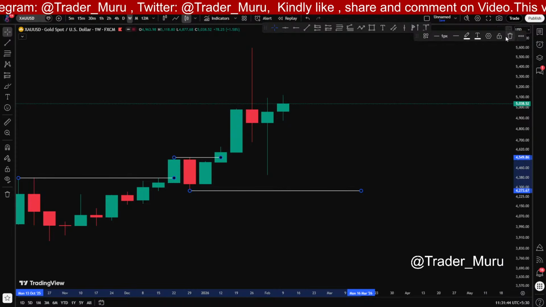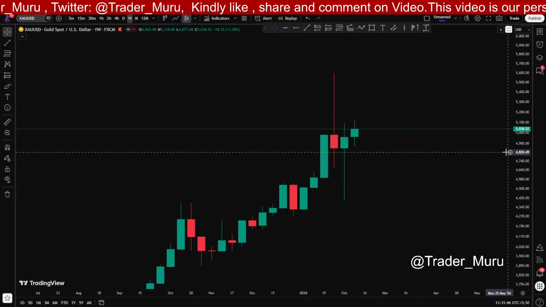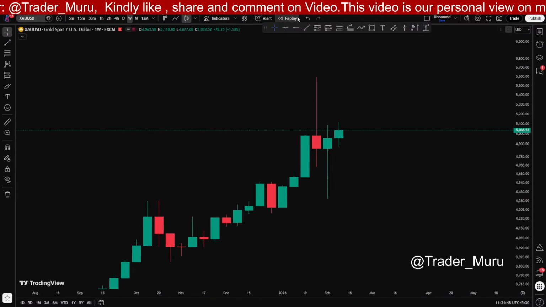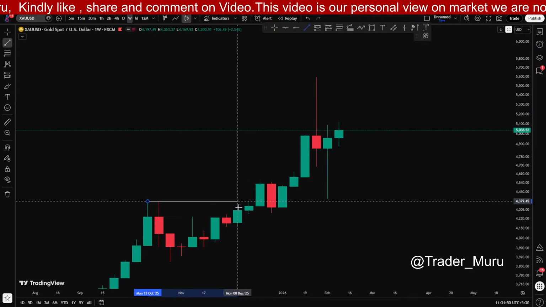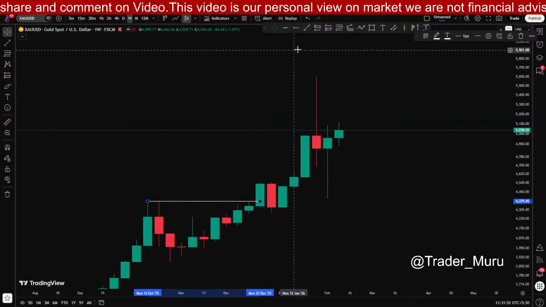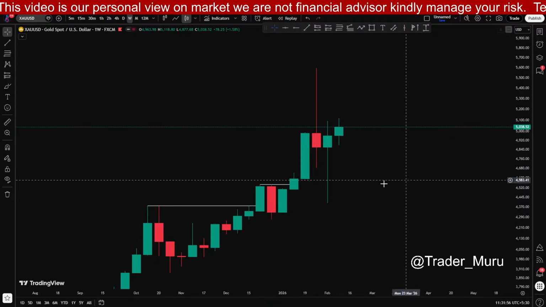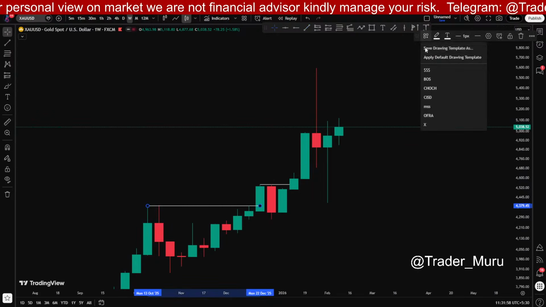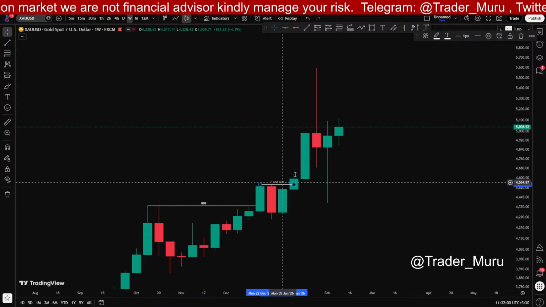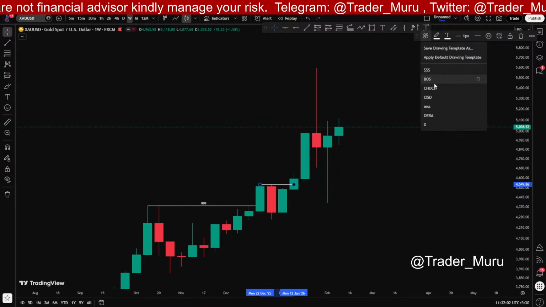So this is our weekly time frame. In the weekly time frame, we have a clear breakout structure. Then we have this one. So in the weekly time frame, structure is still bullish.